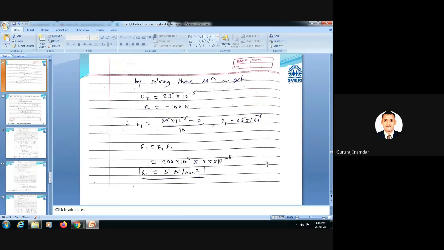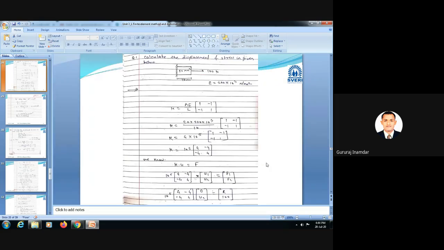Now by solving the equations, U2 is equal to 25 into 10 raised to minus 5, and R is equal to minus 100. Now how to calculate? Directly with the help of a calculator. Next time we will do the calculation. Here 10 raised to 5 is common, take it common.